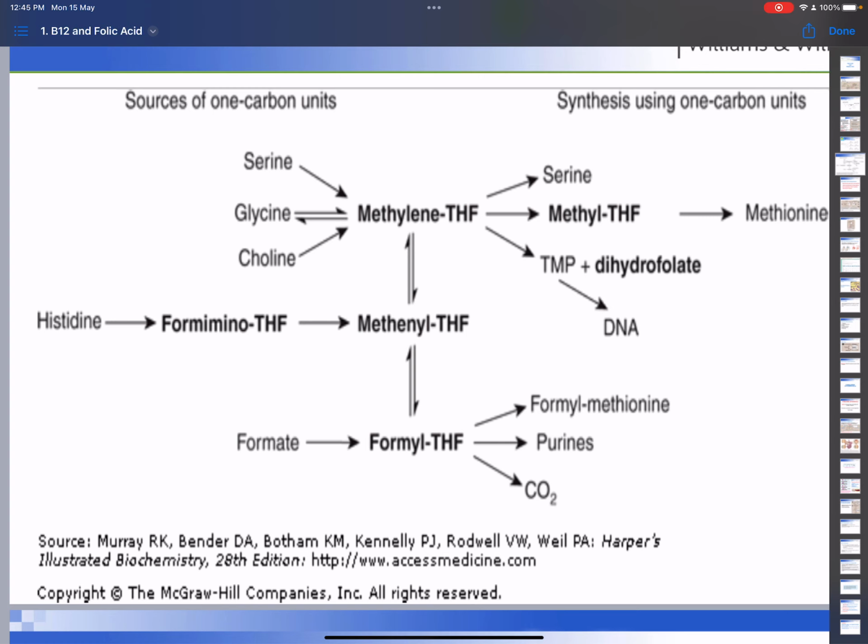You are converting tetrahydrofolate to dihydrofolate and then reusing it again. So the point is that you have sources of carbons that will be given to the tetrahydrofolate molecule, and then they will form other metabolites that are required for many functions. Some of them could be amino acids, some of them important for DNA or RNA or nucleic acid synthesis.